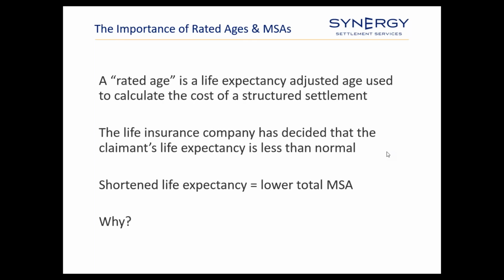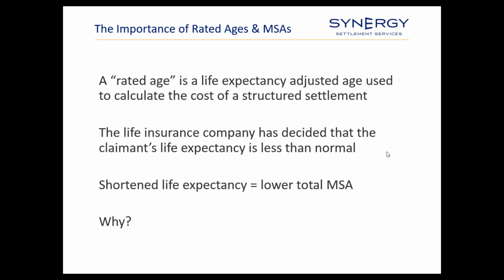A couple of things that Medicare does allow you to do when you're doing a Medicare set-aside is what's called a rated age. And this is essentially the opposite of what happens on a life insurance plan. When someone has stackable negative health impairments, it would create a situation that would decrease their life expectancy.